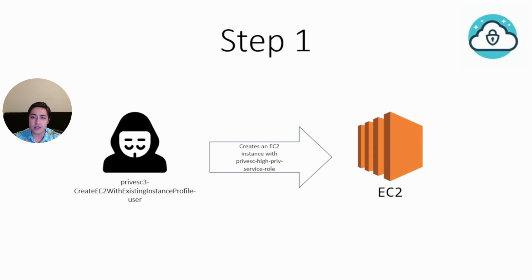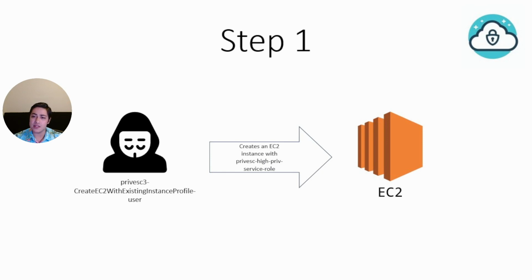This one is similar to the previous one where we are passing a role. The difference with this is we are going to be passing an existing role to an EC2 instance. So our attacker has the permissions to run an EC2 instance, has permissions to pass a role, but does not have administrative privileges.